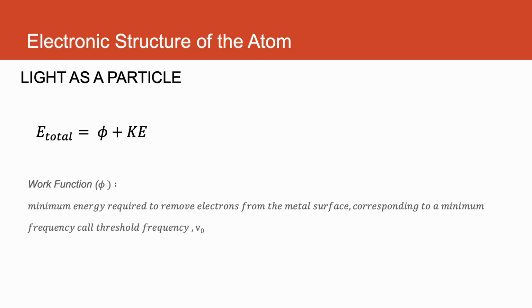Okay, so you have your work function, no? Work function is the minimum energy required to remove electrons from the metal surface corresponding to a minimum frequency called the threshold frequency. So na-discover ni Einstein that not all colors of light can remove electrons from the metal surface because may minimum energy required lang to remove an electron.